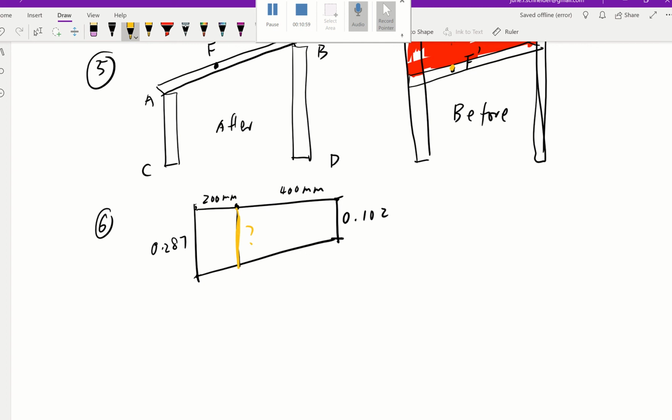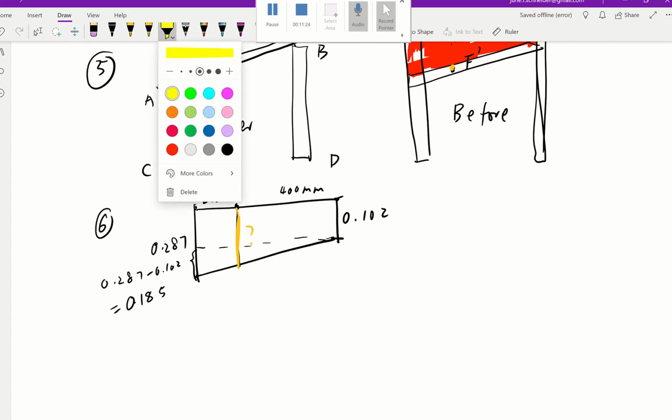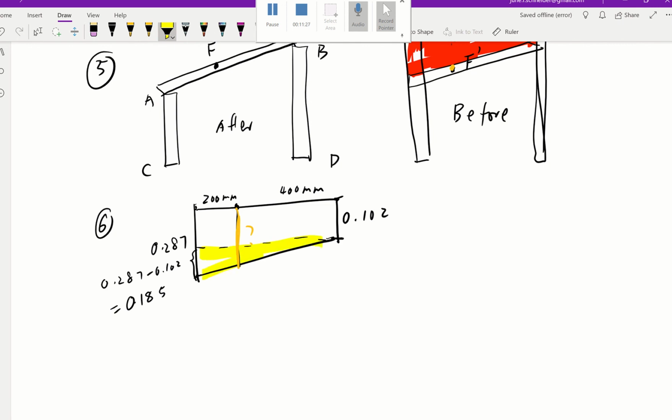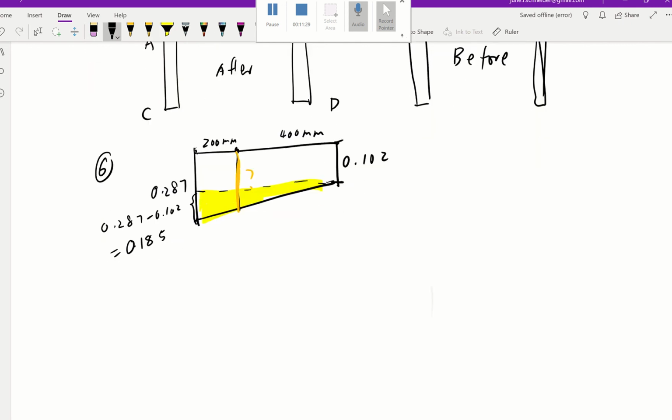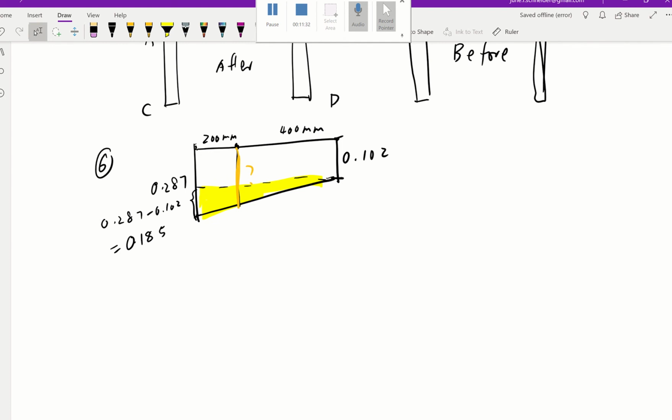Okay, how do we solve that? We're going to draw some supplementary line to help us solve that. If this is 0.102, can you tell me what's this length here? Would that be 0.287 minus 0.102, right? Which will give us 0.185. So knowing that, I want us to focus on this triangle area. Now we're going to use proportionality or similar triangle, whatever you call it, to set up our equation.